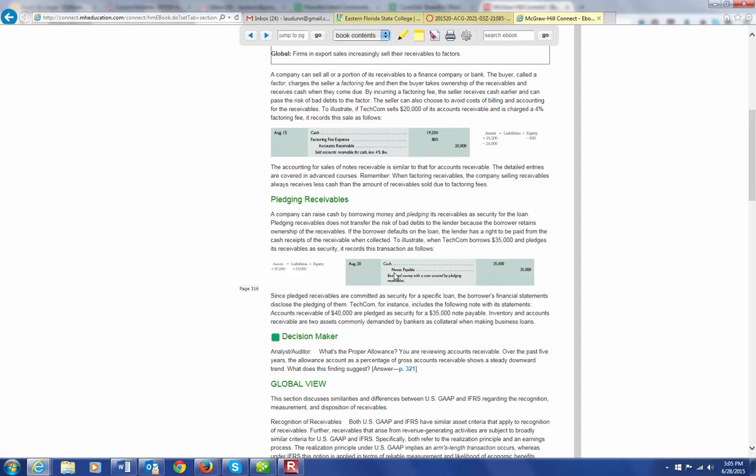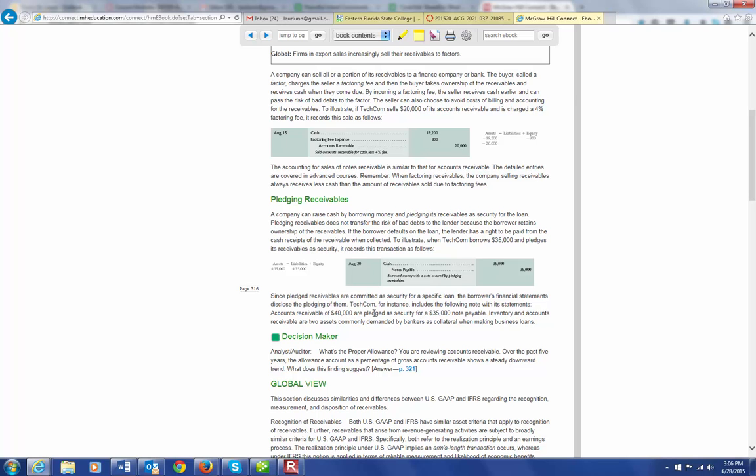But what you're really doing is creating a notes payable that you owe this person $35,000, this bank or finance company or whatever. Now, what is missing here that's explained in this paragraph is that the amount of accounts receivable that they put up as security is actually $40,000.